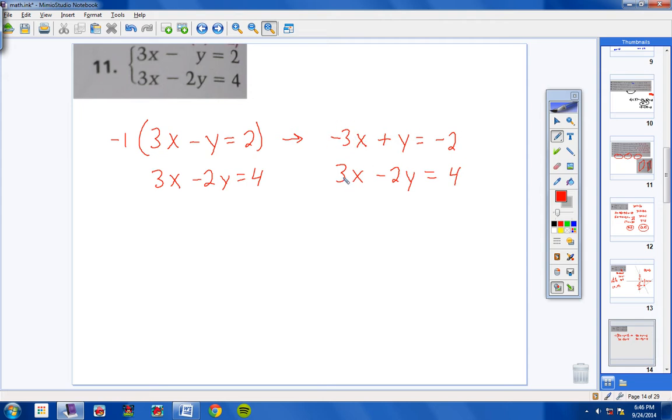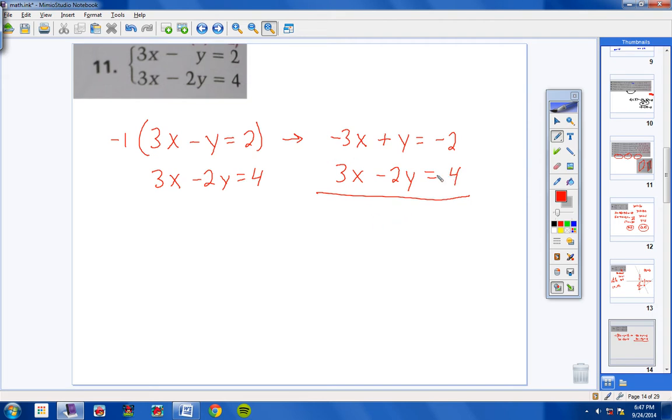Now you might say, well, Mr. Earhart, I multiply the top equation by a -2 because a -2 times a -y would give me a +2 here, and that would cancel. That's totally fine. If you did that and you didn't make any mistakes and you did it correctly, you'll get the right answer. That's totally fine to do, students, okay? Totally fine to do.